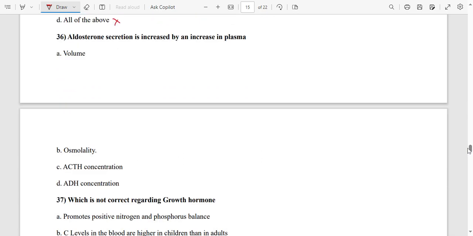Aldosterone secretion is increased by an increase in plasma volume, osmolarity, ACTH concentration, or ADH concentration. Which one would you pick?